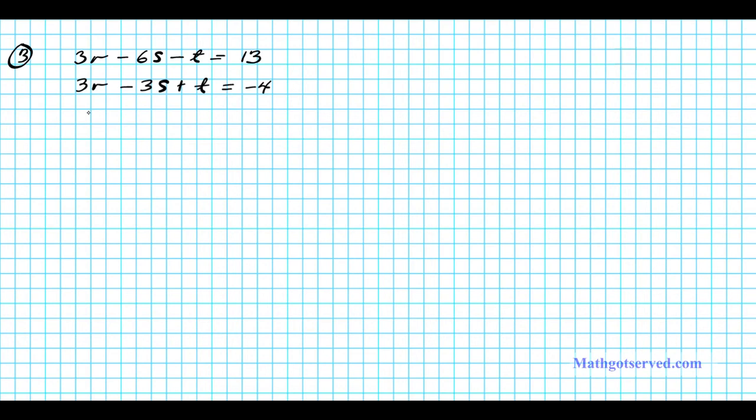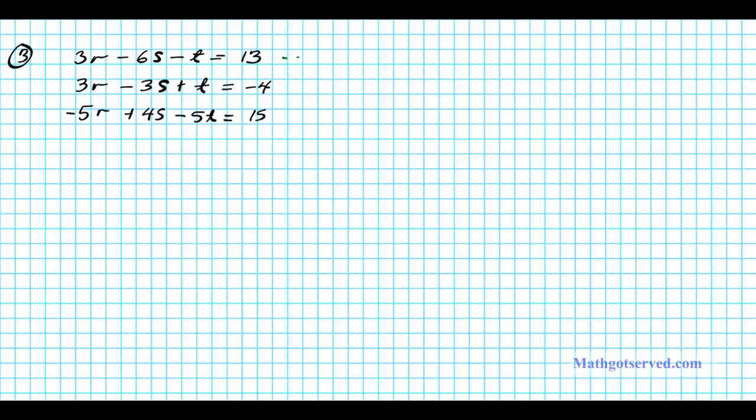And then for the third equation, we have -5r plus 4s minus 5t equals 15. Okay, so step number 1 is to reduce our system of 3x3 equations into a 2x2 system.